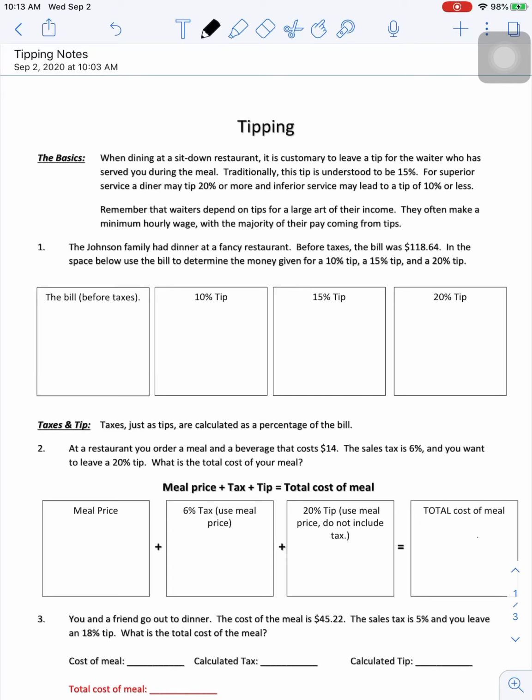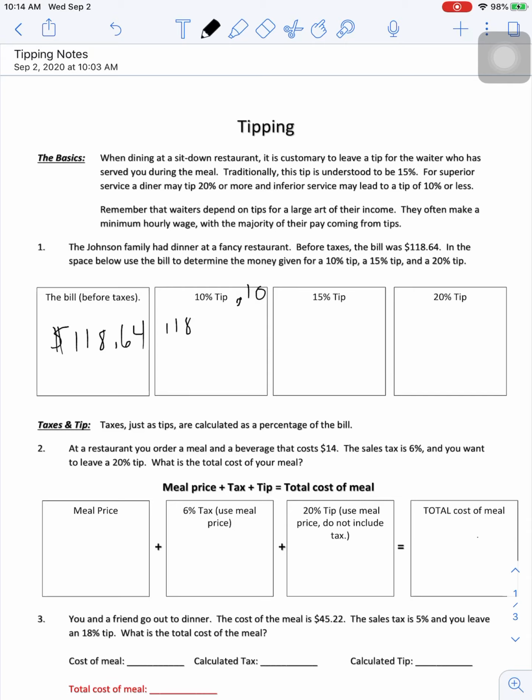Okay, so they start us off by saying that the bill is $118.64. If you are going to calculate tips, like the percentages for the APR, you have to change it to a decimal. So I know a 10% tip is going to be the same thing as 0.10.